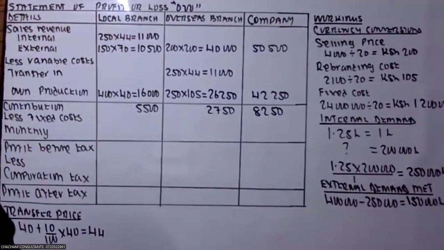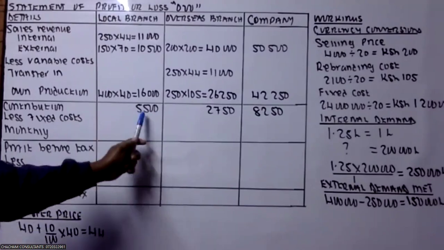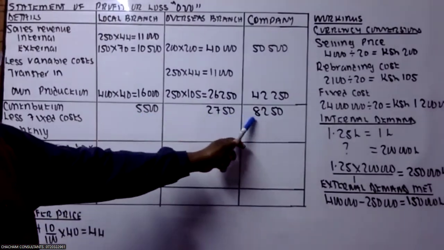Joel, is it 77 or 82? Now hakikishe, they should always add here. This plus this should agree with this one.